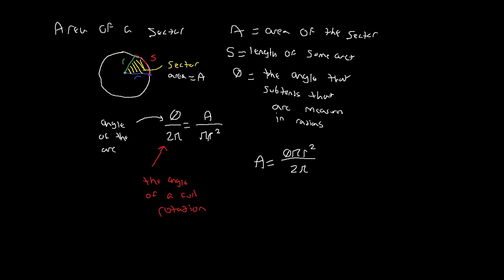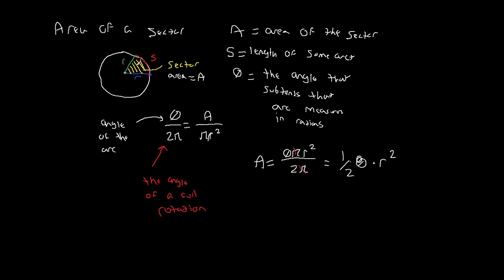Pulling out my red pen, these are going to cancel, and we're left with 1/2 times theta, the angle that is subtending the sector, 1/2 theta times r squared.